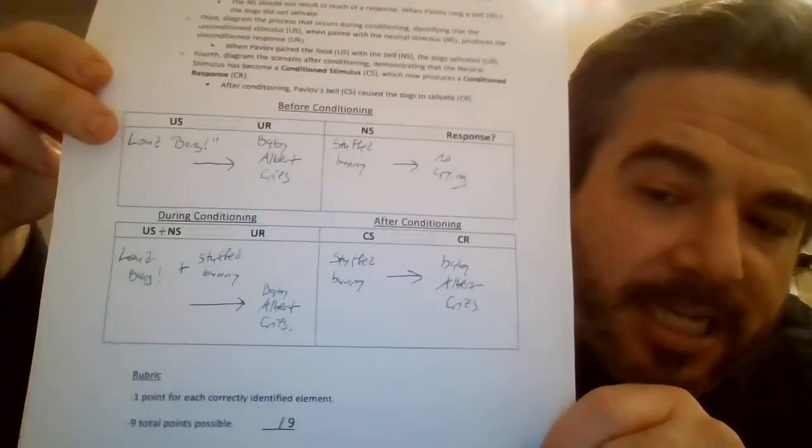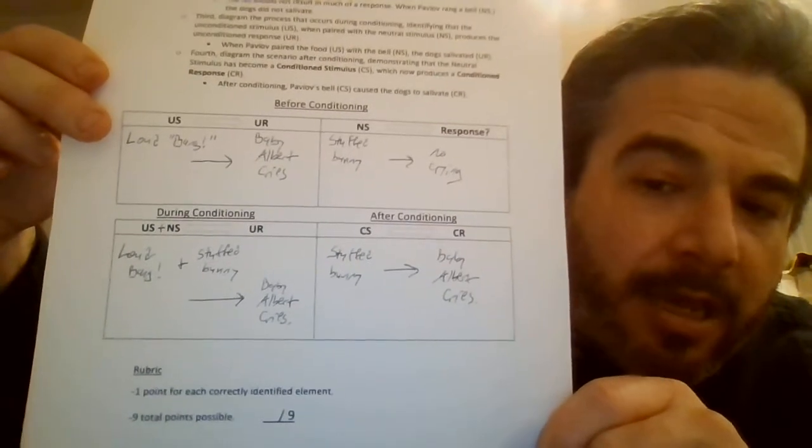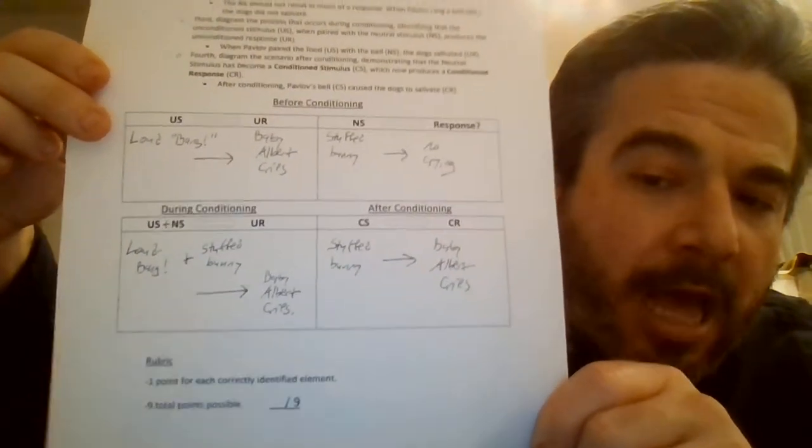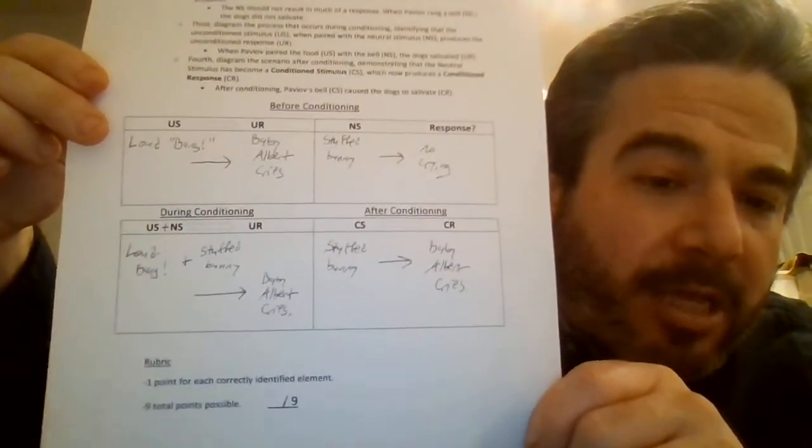In Pavlov's experiment, the conditioning occurred when he rang the bell at the same time as presenting the dogs with the food. So he paired the neutral stimulus, the bell, with the unconditioned stimulus, the food, producing the unconditioned response, salivation. In the baby Albert example, the loud bang occurring while baby Albert's playing with the stuffed rabbit causes baby Albert to get startled and start crying.